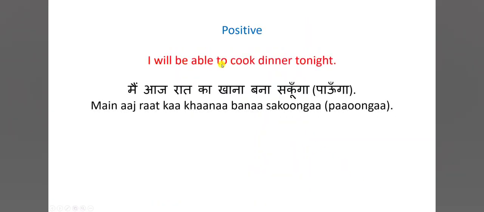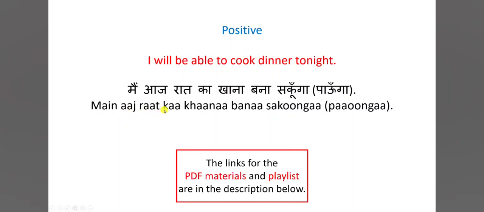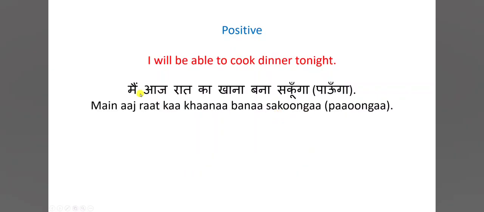I will be able to cook dinner tonight. मैं आज रात का खाना बना सकूंगा. मैं is I. Aaj is the word that we have used for tonight.